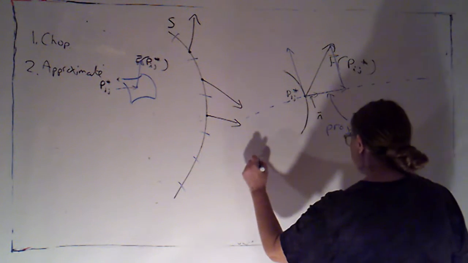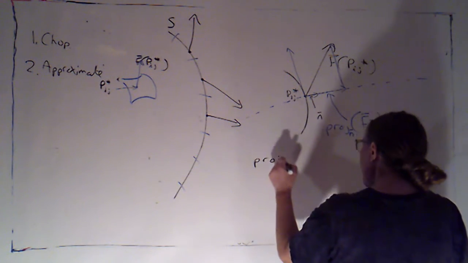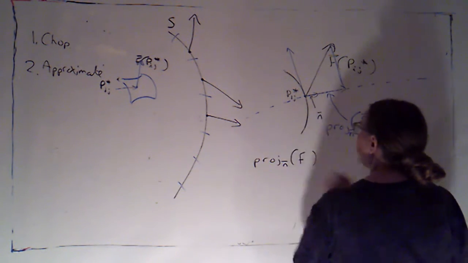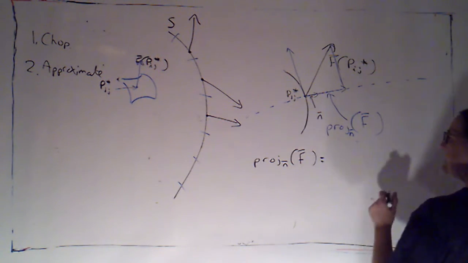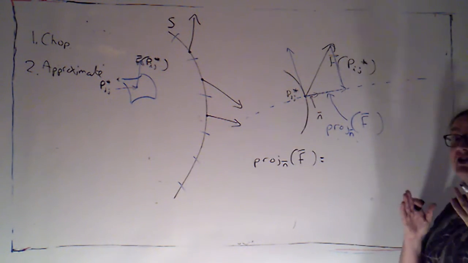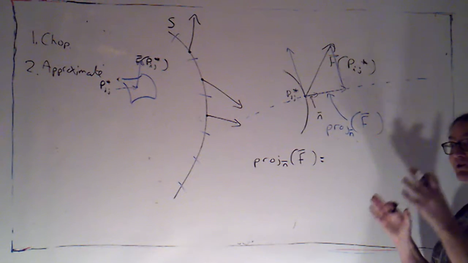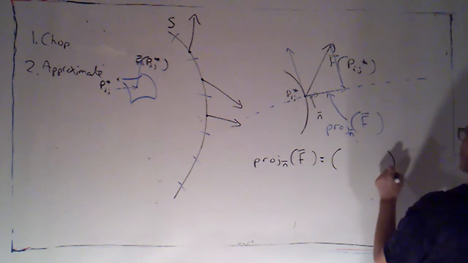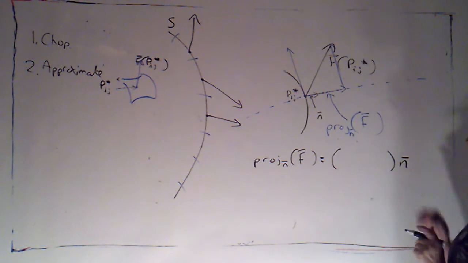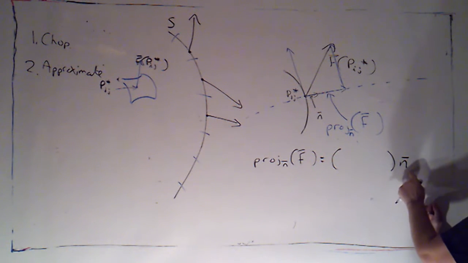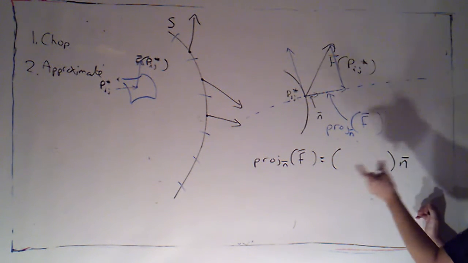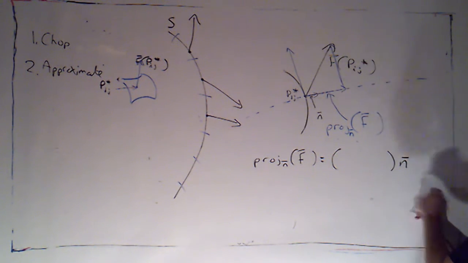But I remember that the projection of F onto N, now N, remember, is a unit vector. It's the principal unit normal vector. And when I project onto a unit vector, I get a multiple of that vector. Actually, if I project onto a vector that's not a unit vector, I get a multiple of that vector.